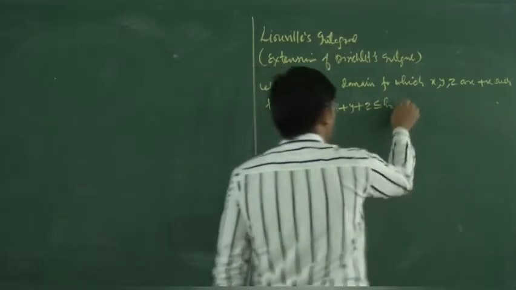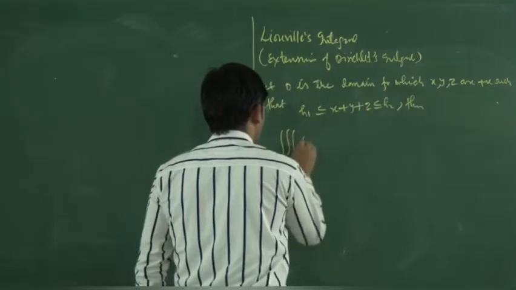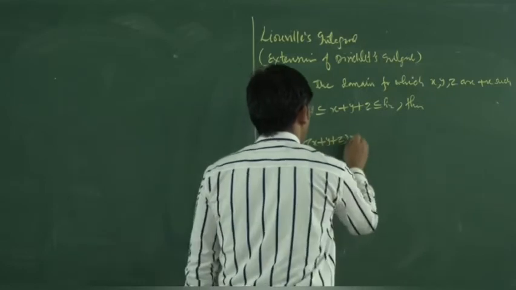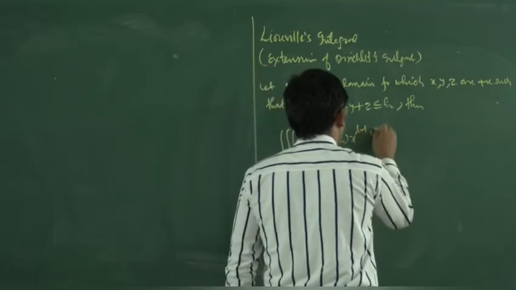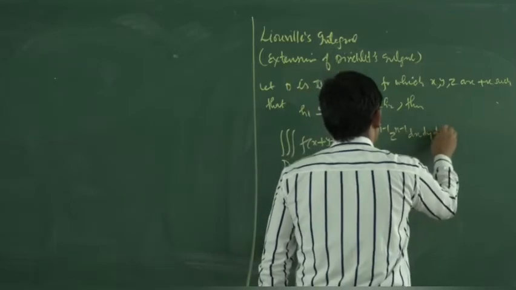Then the triple integral over D of f of x plus y plus z into x power l minus 1, y power m minus 1, z power n minus 1, dx dy dz.